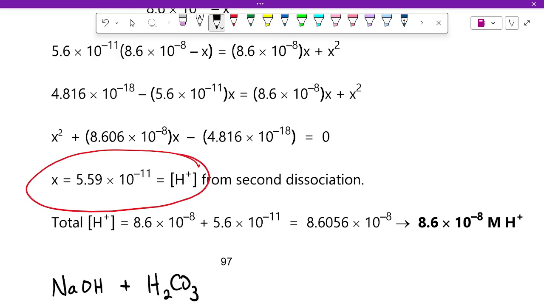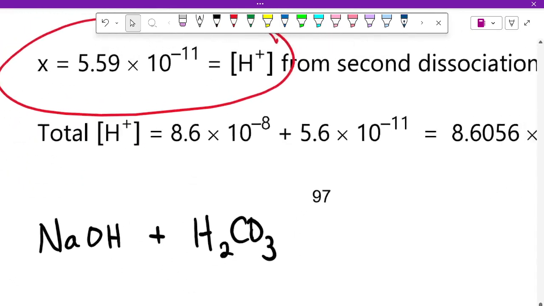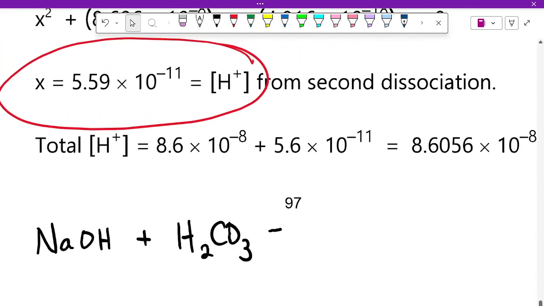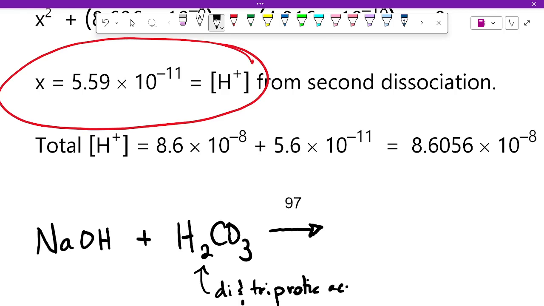Yes? Now, if I do that, di- and triprotic acids react completely with strong bases. All of their hydrogens react.